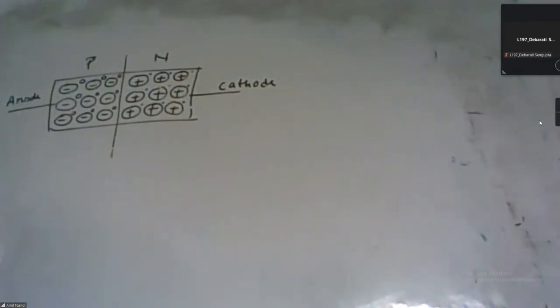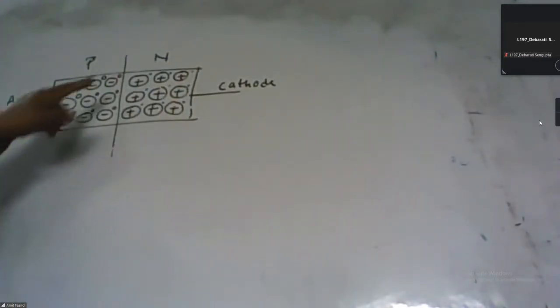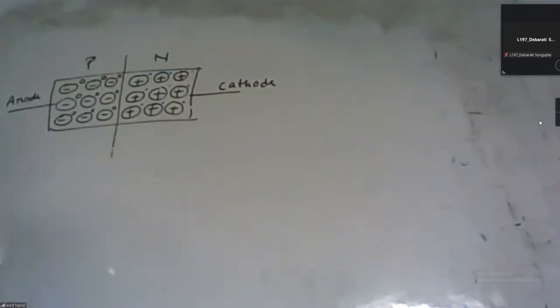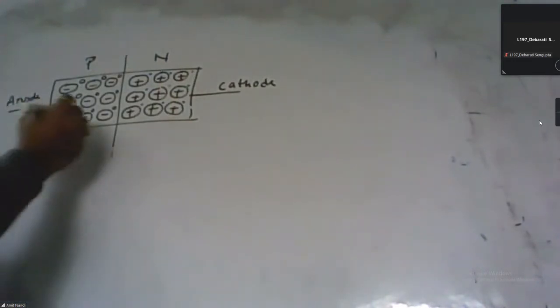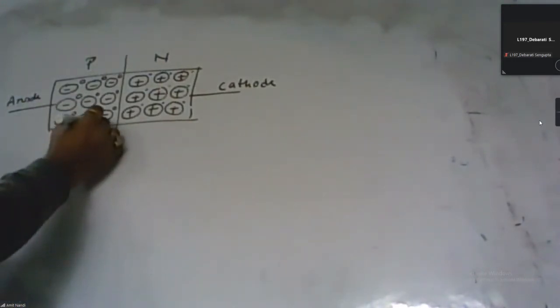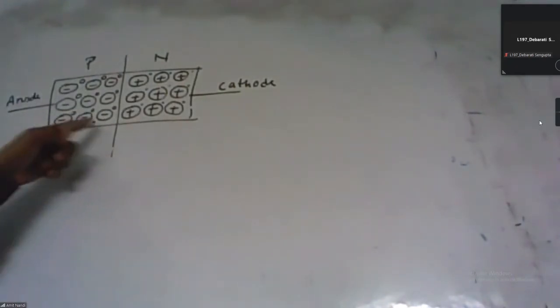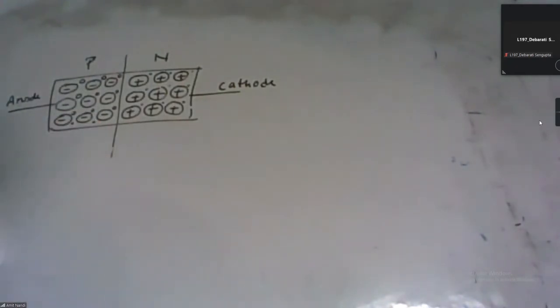Now, here we see that the number of holes is greater than the number of free electrons. Obviously, some minority charge carriers are also present. Say we consider these free electrons to be the minority charge carriers.